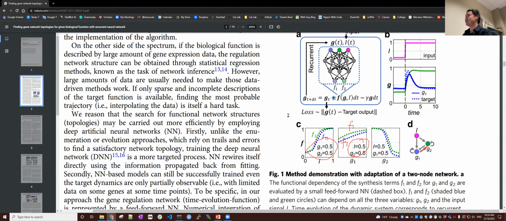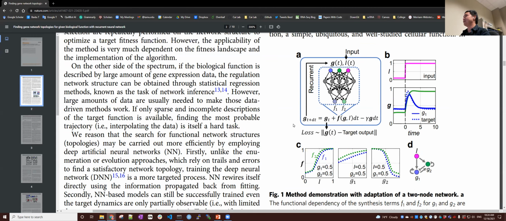So after we get that, how we use this recurrent neural network, I think we can do some simulation. For example, if we change the value of this I, the gene expression of gene 1 and gene 2 curve will change, and we will see how they change according to different type of signals.